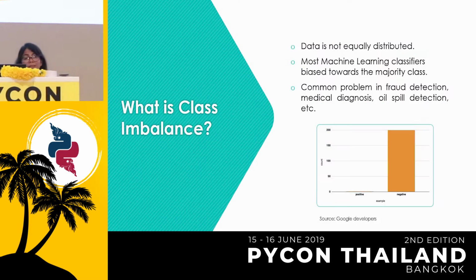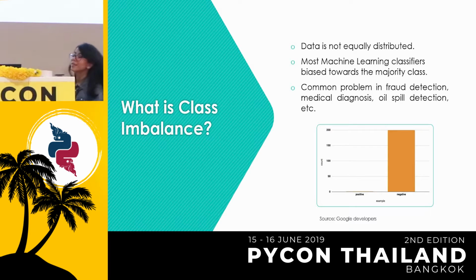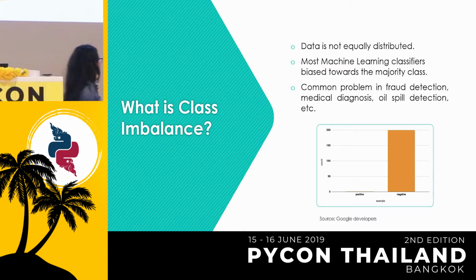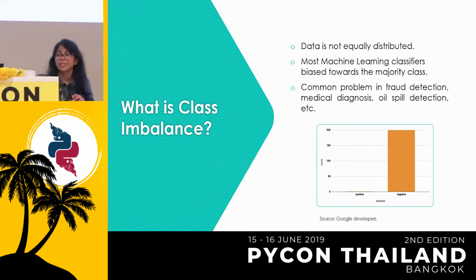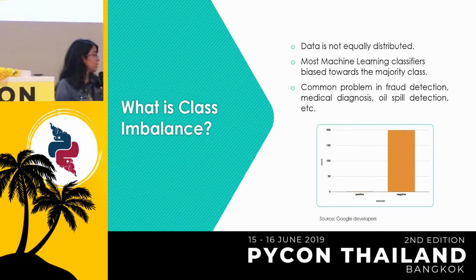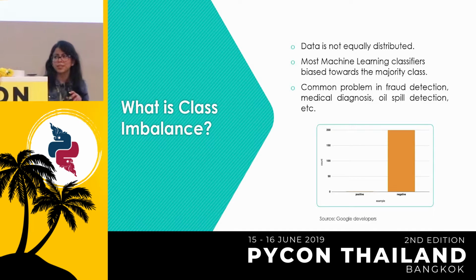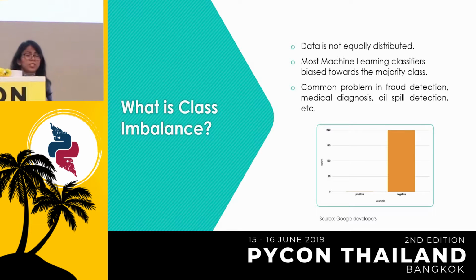So first of all, what is the class imbalance problem? This problem is when the data is not equally distributed, and most machine learning classifiers get biased toward the majority class.